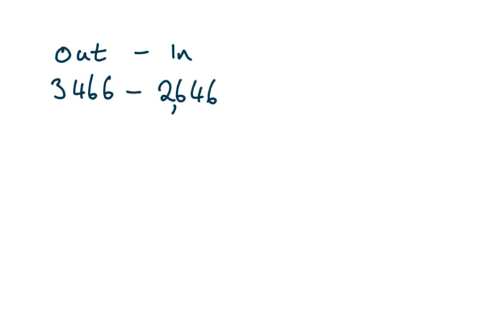So I'm going to do the energy out minus the energy in. So this is 3,466 minus 2,648, and in total that equals 818 kilojoules. So there have been 818 kilojoules that have come out of the chemicals and have ended up heating the surroundings.